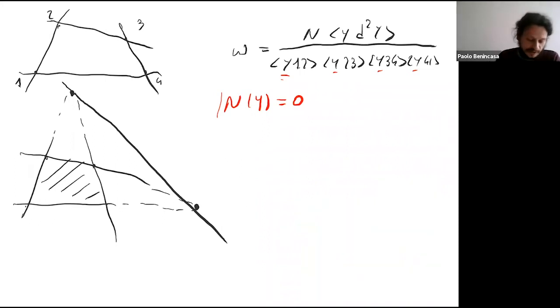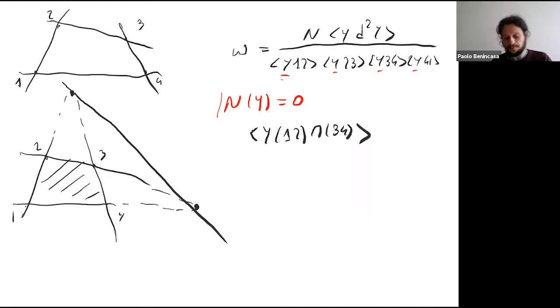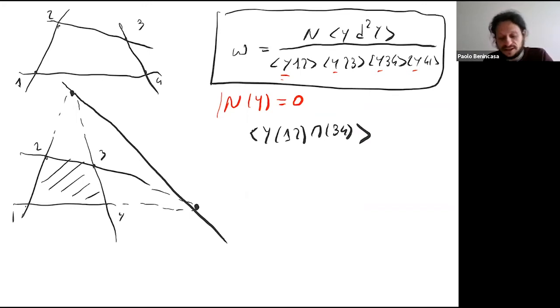So if you have these vertices 1, 2, 3, and 4, you can write it as y 1, 2, which intersects 3, 4.